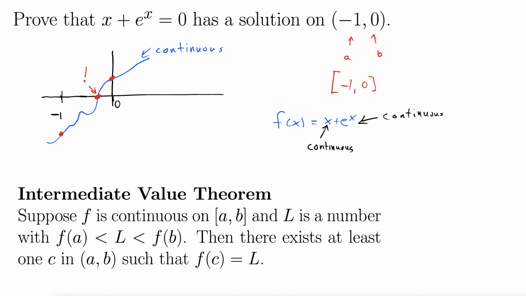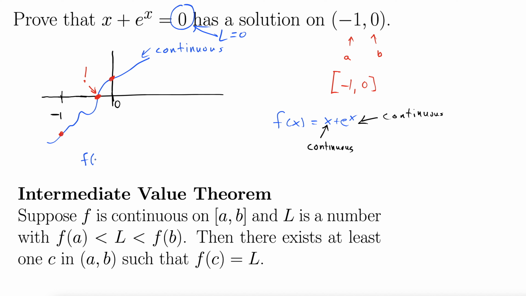Okay, well, what's our L here? Back to the theorem, L is any number between f of a and f of b. So L, the thing we want to hit, is 0. So L is 0 in this case. Okay, so let's verify that 0 is between f of -1 and f of 0.